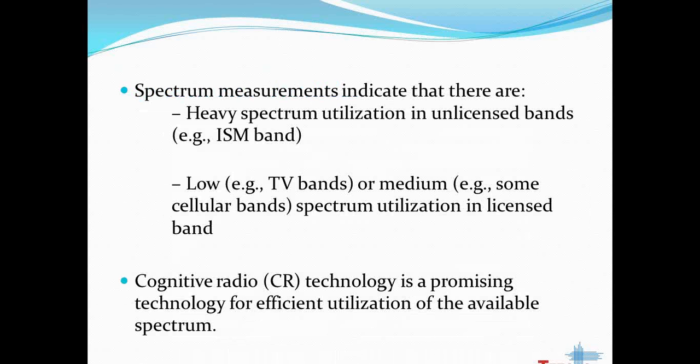From the report, we can see that the spectrum measurement indicates there is a heavy spectrum utilization in unlicensed bands like the ISM band, but the spectrum utilization in licensed bands like the TV bands or the cellular bands is relatively low. So to avoid this discrepancy, cognitive radio is a promising technology for efficient utilization of all the available spectrums.